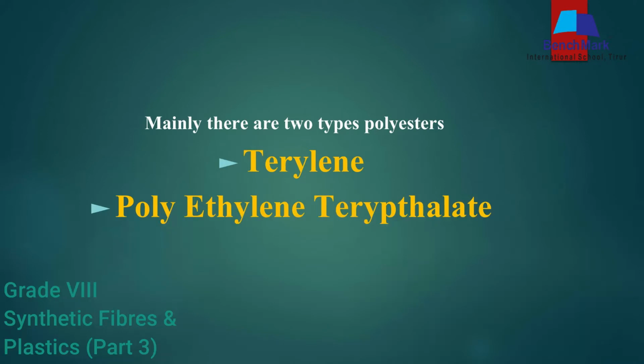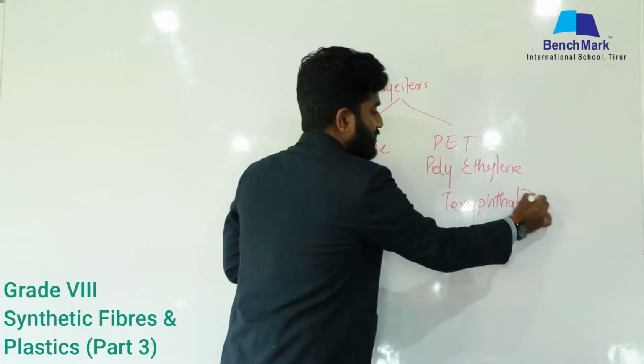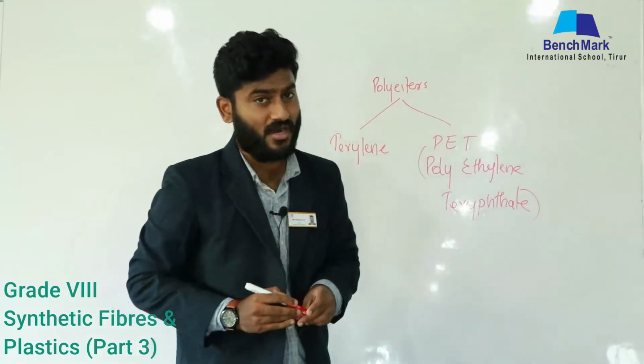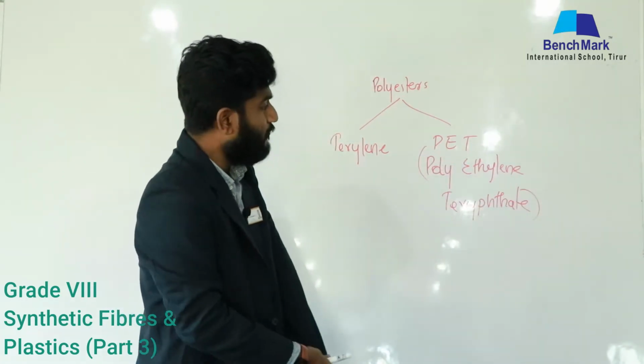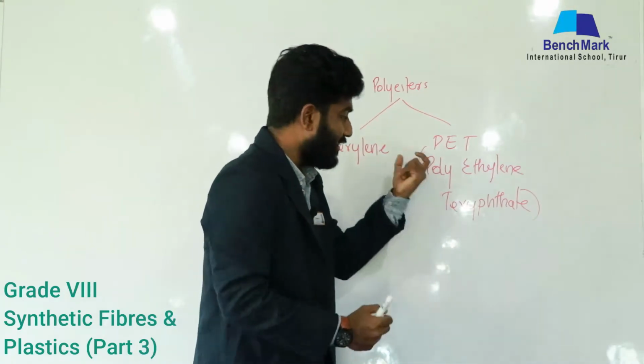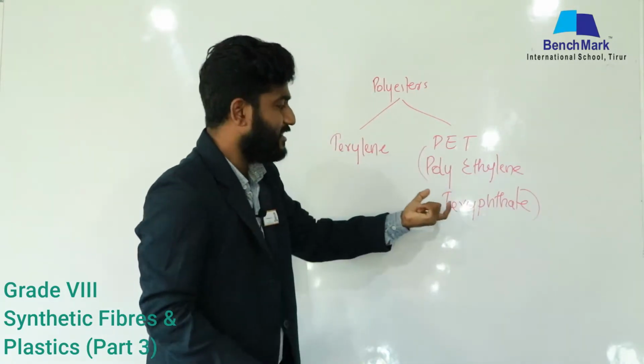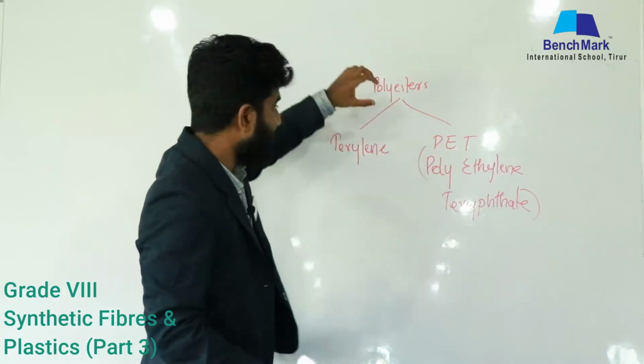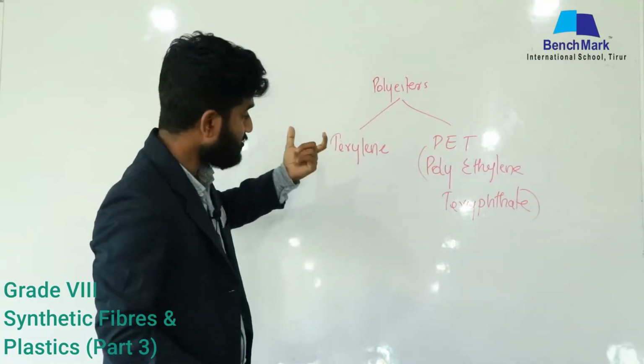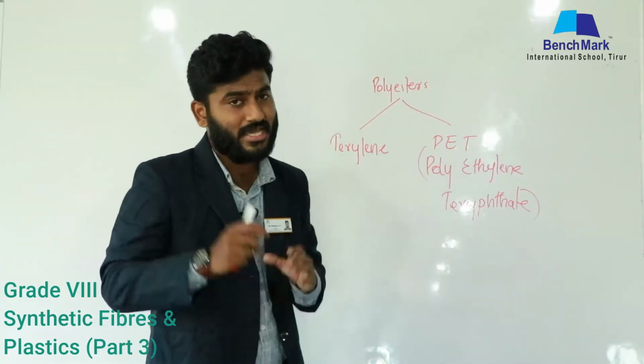Full form of PET is polyethylene terephthalate. In the examination you will be asked the full form of PET, so remember, polyethylene terephthalate. There are two classifications for polyesters: one is terylene and the second one is PET.